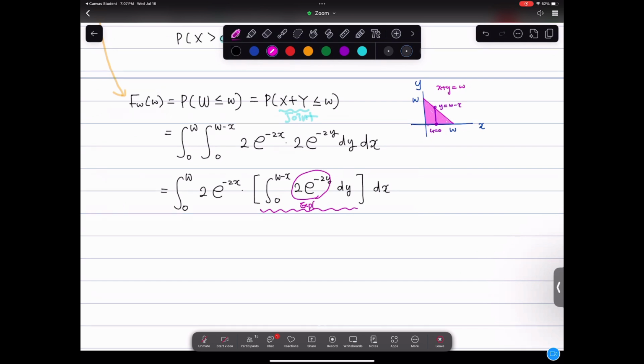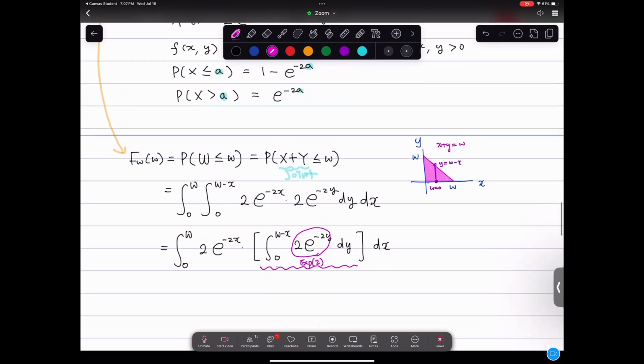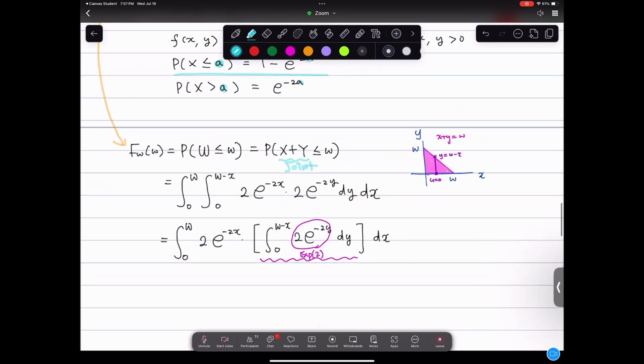We have a lambda of 2, and I know how to get the probability of this from 0 to some number w minus x. So according to this, if I have an exponential distribution, I'm integrating from 0 to something, so I want to have something like this. So x2, or in this case y, but up to some number a, that's my number a.